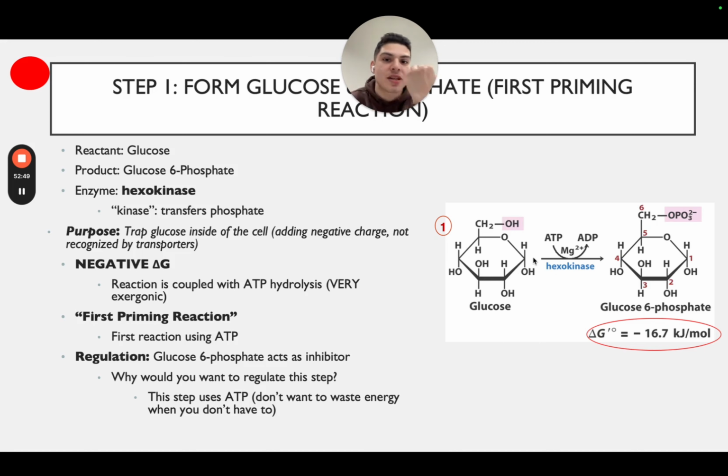So we don't just want to always go forward. We may want to say, hey, put the brakes on. And that's exactly what glucose 6 phosphate will do. It'll negatively inhibit hexokinase and decrease this rate, so that we can push the reaction towards the other direction with a different enzyme. So something to keep in mind.